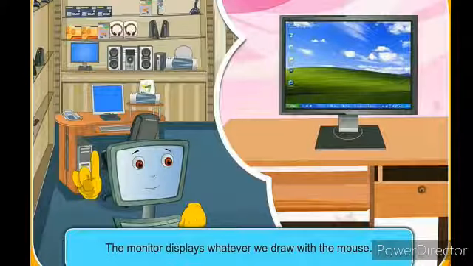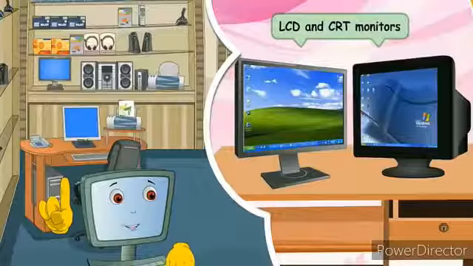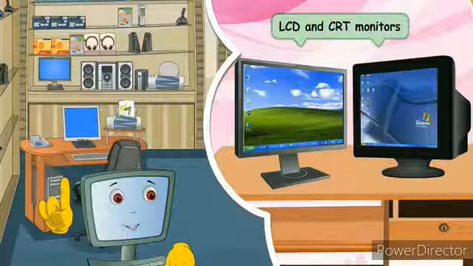The monitor displays whatever we draw with the mouse. There are two types of monitors, such as LCD monitors and CRT monitors.